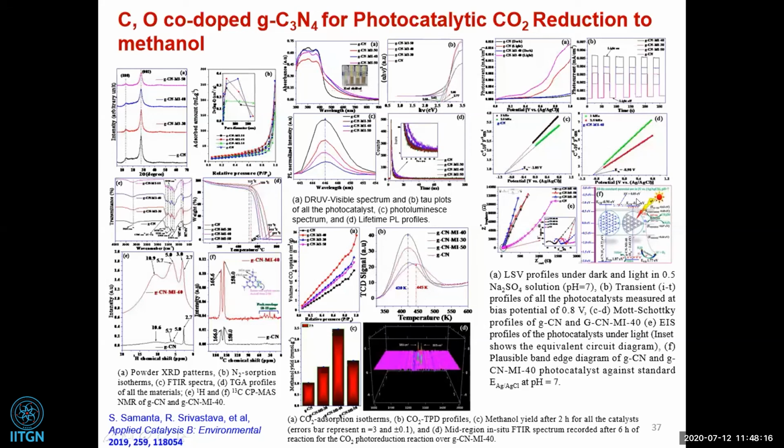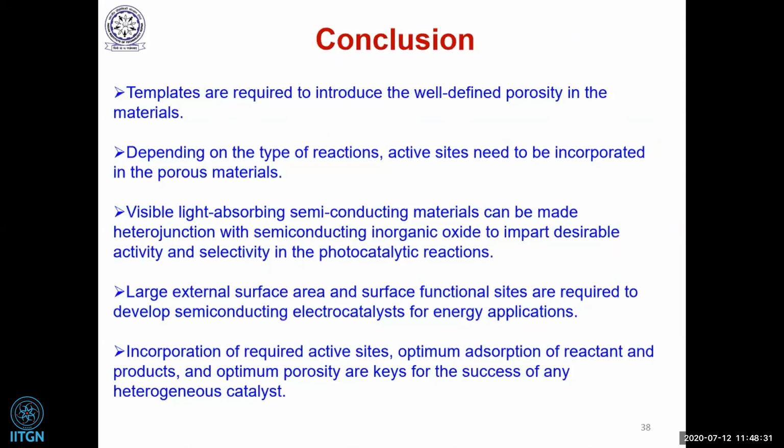And actually the main reason is the band alignment when you have doped with carbon and oxygen. So it goes very close to the CO2 reduction potential. That's why it exhibits better activity. So with this, I just want to conclude that templates are required to introduce well-defined porosity. And if you want to do a particular reaction, you need to implant a suitable type of active site.